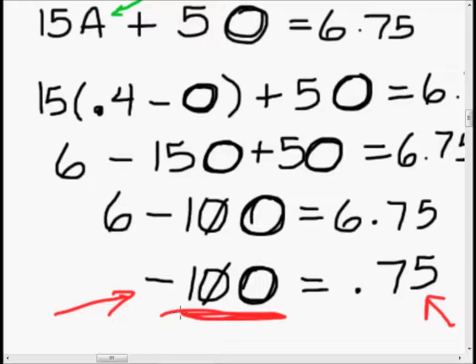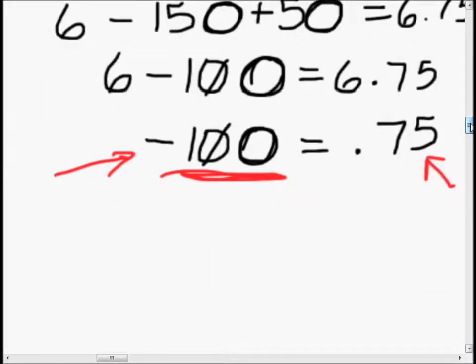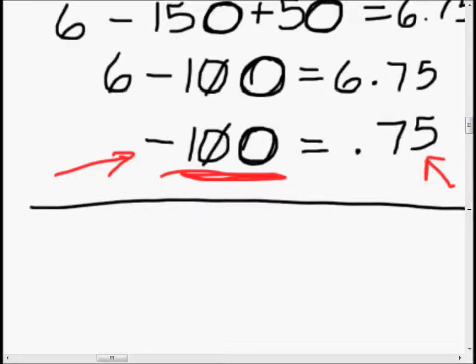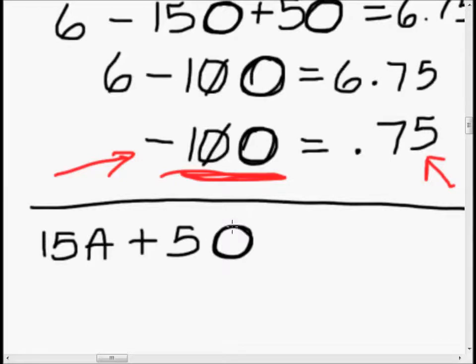So what if the shenanigans are happening on Dick's side? Let's go ahead and do the same thing, only this time we're going to use Dick and Harry's formulas. So just so you remember, Dick's formula is 15A plus 5O equals 675, and we're going to go ahead and solve for A here.